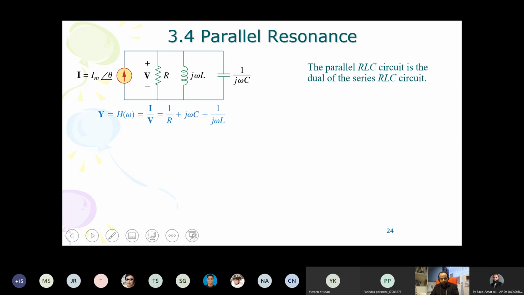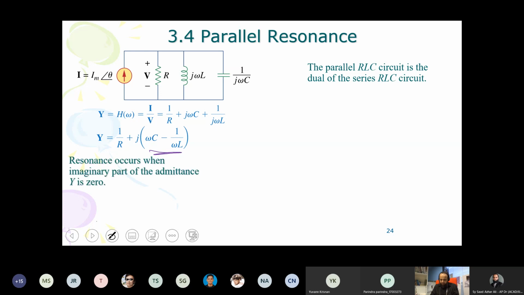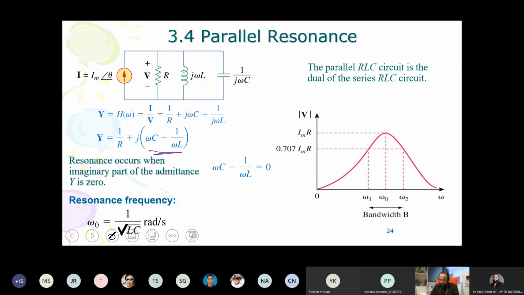It's the same, I'm not going through all the steps here. The imaginary part must be 0, same as before. Resonance frequency we can find out, and it looks like we still have the same frequency, right?